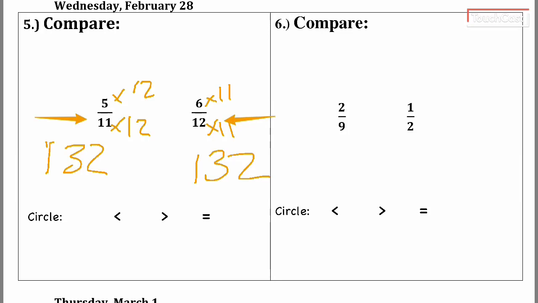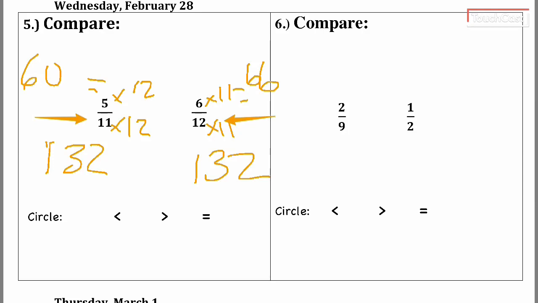So now I know 5 times 12 is going to give me 60. And then I know 6 times 11 is going to give me 66.